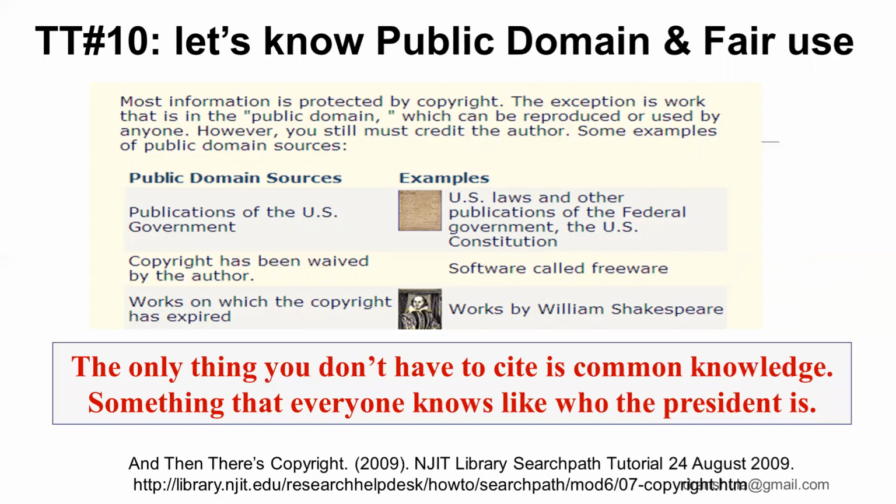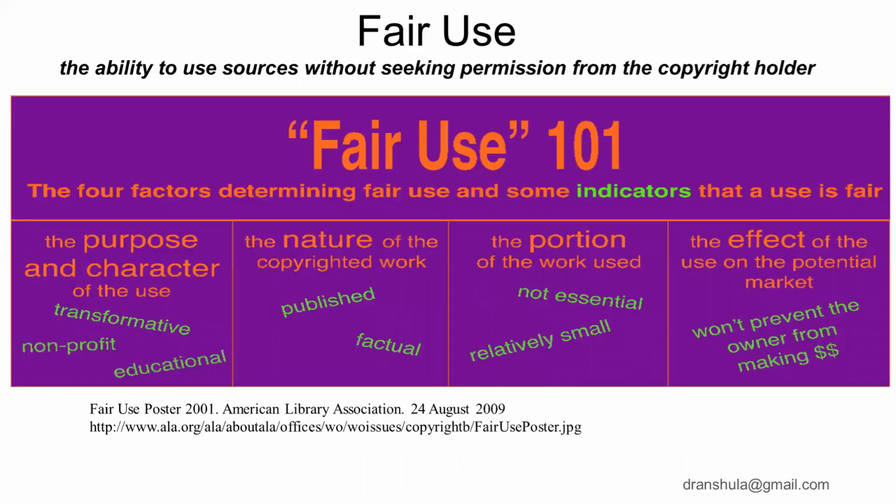The only thing you don't have to cite is common knowledge, something that everyone knows, like who the president is. Now let's see what is fair use. Fair use is the ability to use sources without seeking permission from the copyright holder. There are four factors determining fair use. The first factor is the purpose and character of the use.